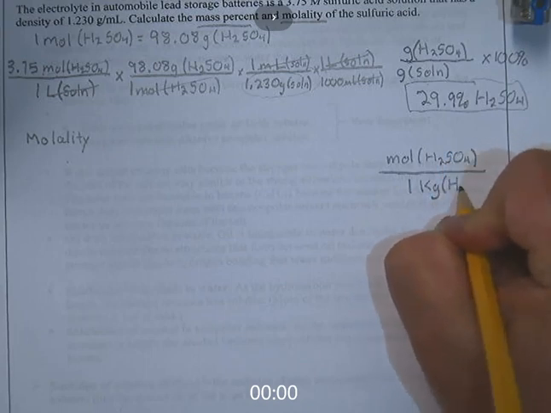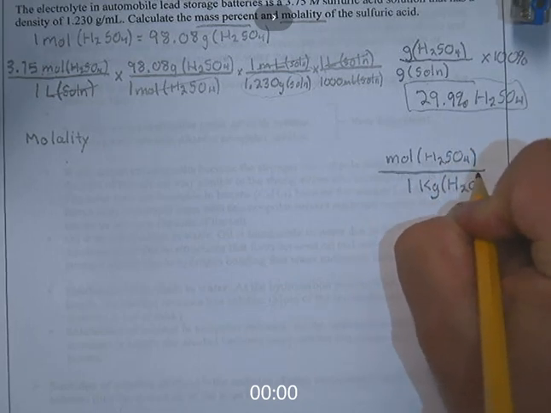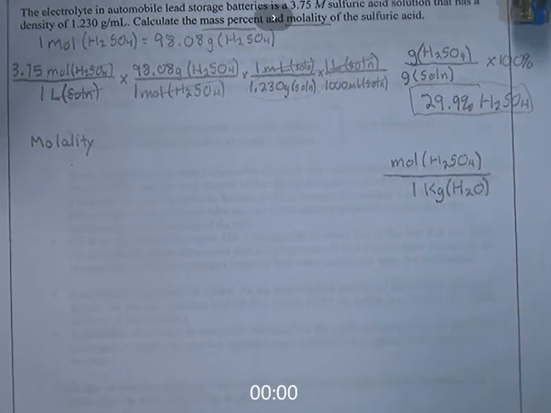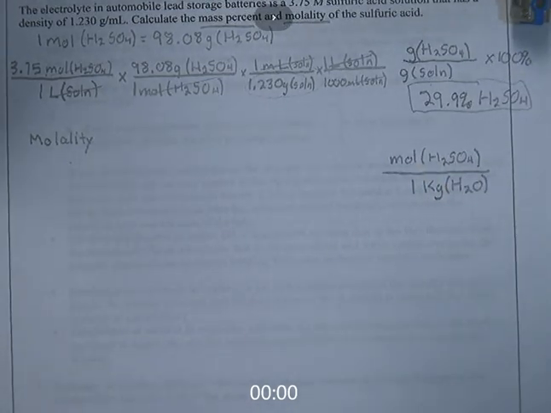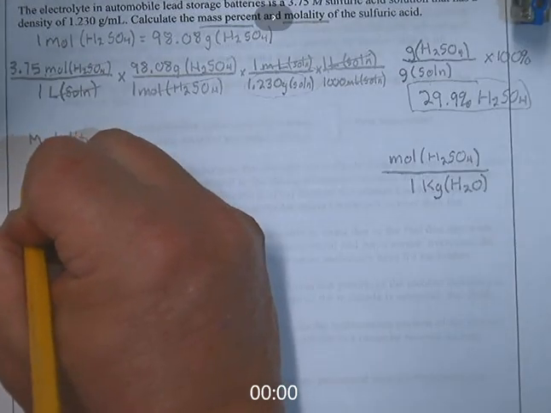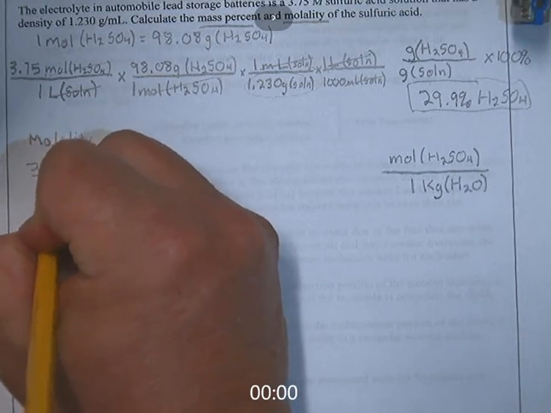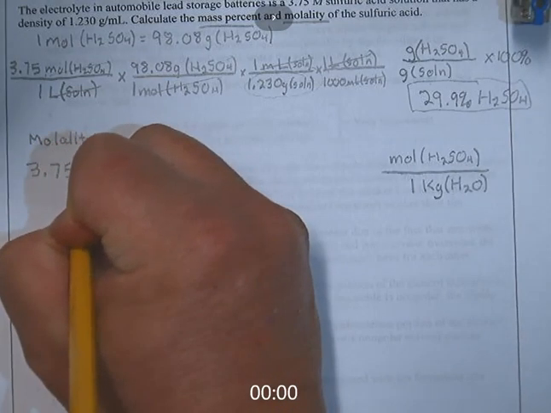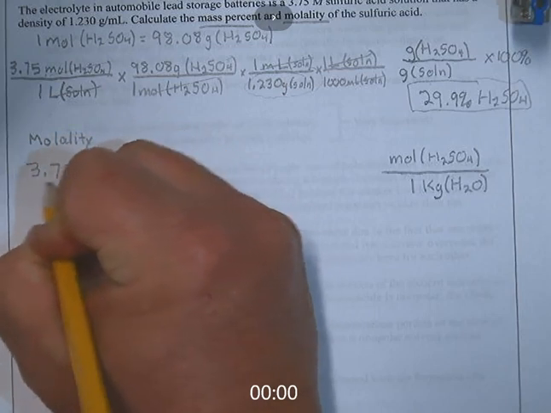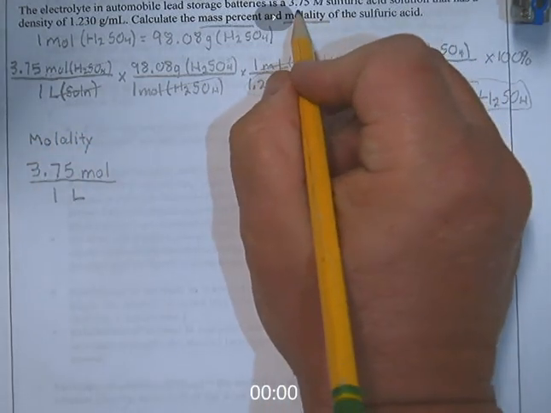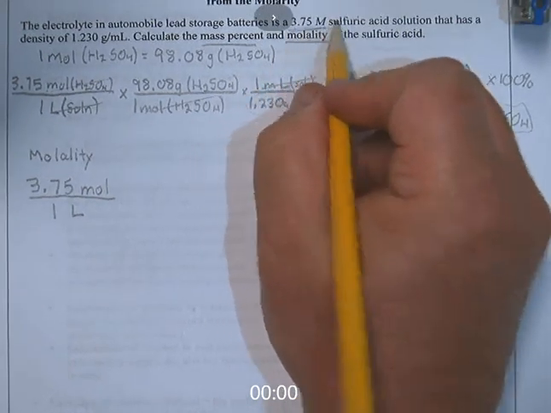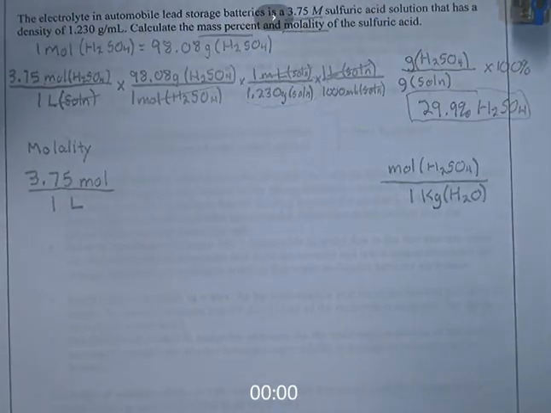The solvent, not the solution. Okay? Now, this problem starts off really easy, but it gets a little bit involved for the second part. To know the moles of H2SO4, well, that's pretty much given to us. We have 3.75 moles per 1 liter, because that's what molarity means, this number right here. Okay, it's the next number that's going to get a little involved.